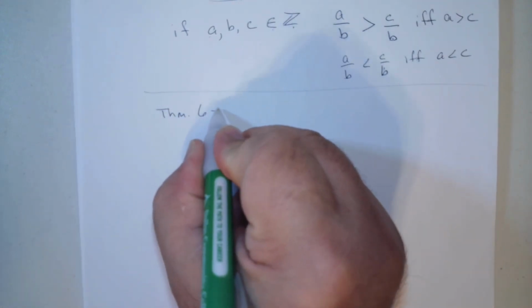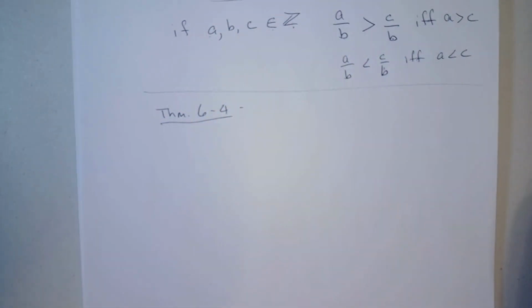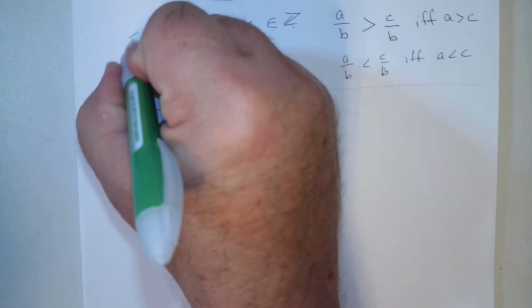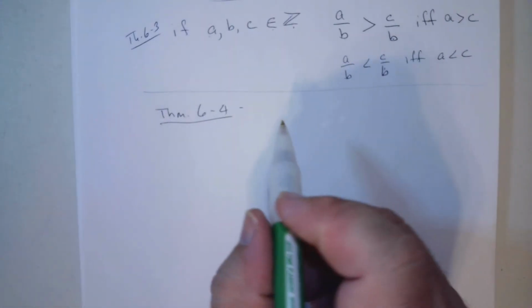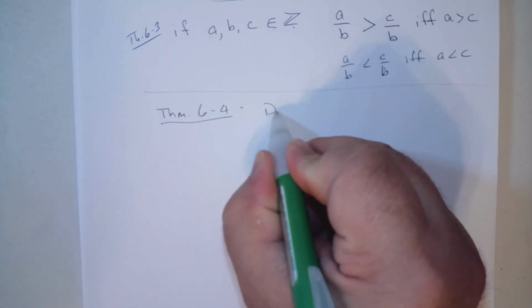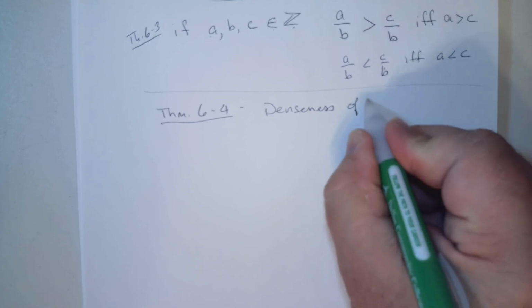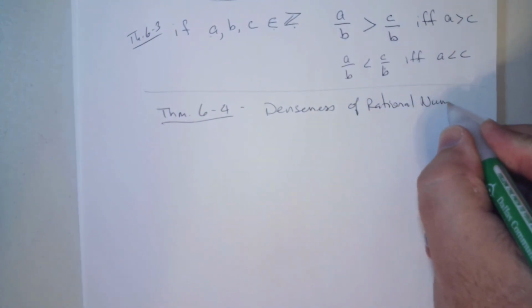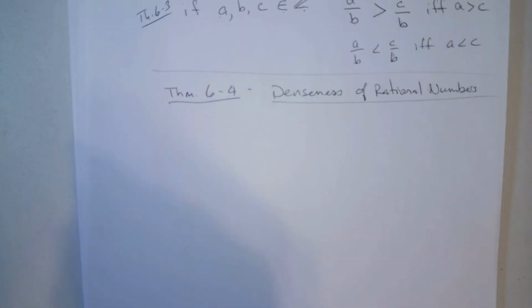Another theorem. Actually, that's a theorem also. Denseness of rational numbers. Let's see what this means.